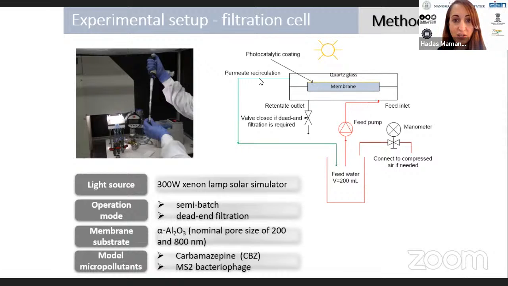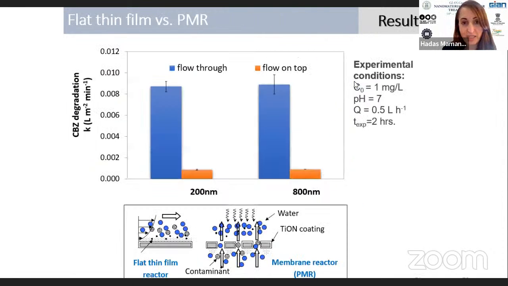We generated a thin film, and the permeate was recycled back to the water feed, and that's how the process worked. We recycled the process. We controlled many parameters. For example, we could add compressed air if we wanted to. We could also test flow only on the surface, through the membrane, and stuff like that.